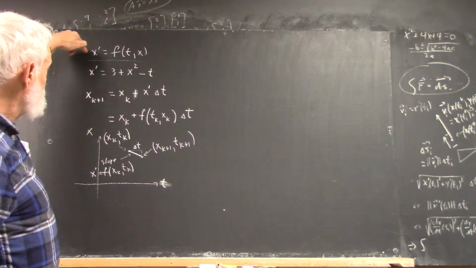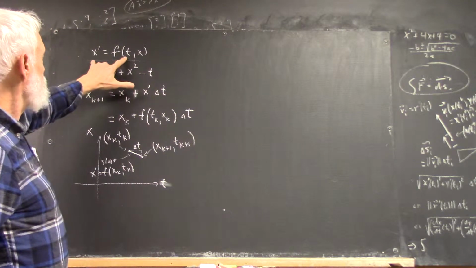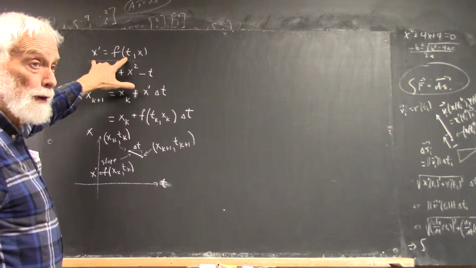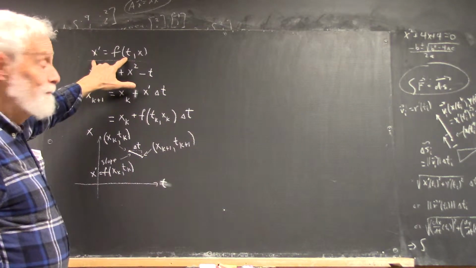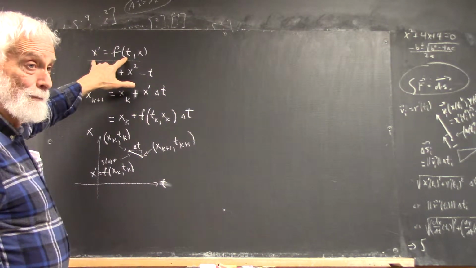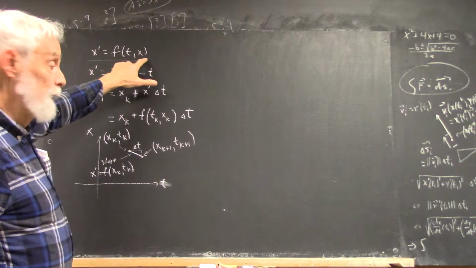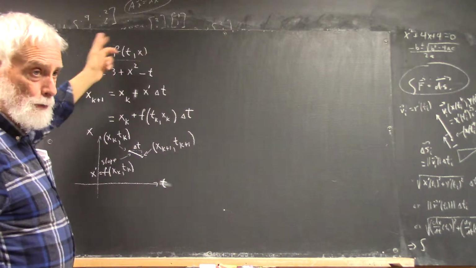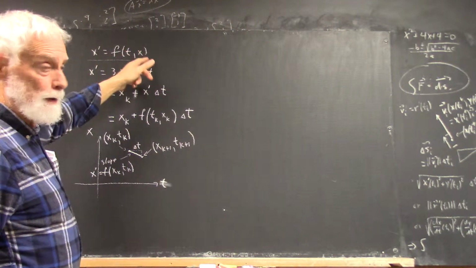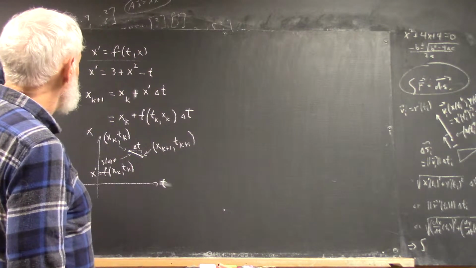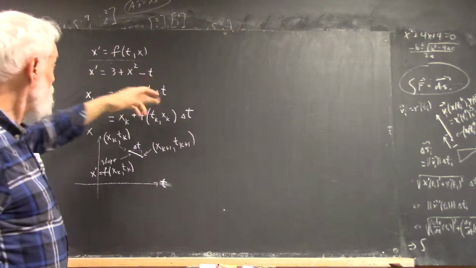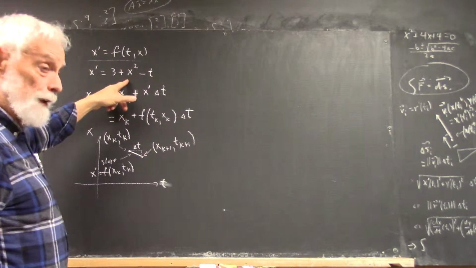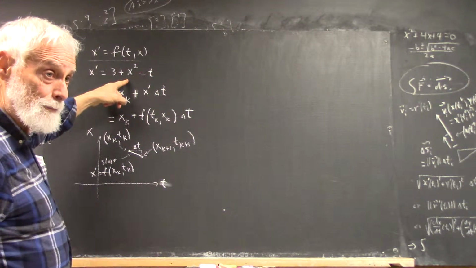Okay, anyhow, your general first order differential equation in x and t is this. This is some function of t and x. The derivative is some function of t and x. Now in this case, it's a nonlinear equation because you've got x squared.